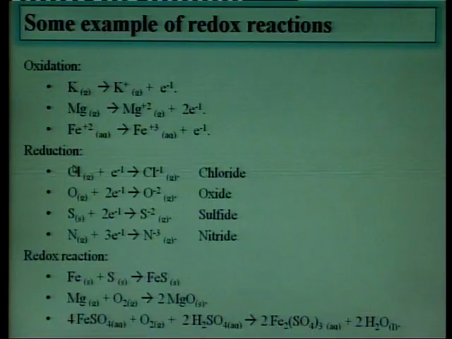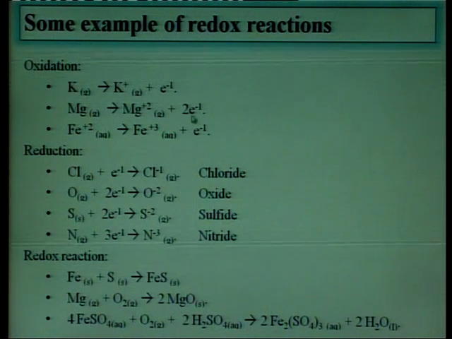these are all conversions of chlorine to chloride, oxygen to oxide, sulphur to sulphide, nitrogen to nitride. All of these involve gain of electrons, so they are reduction reactions. The potassium, magnesium and ferrous species tend to lose electrons as written in these equations.